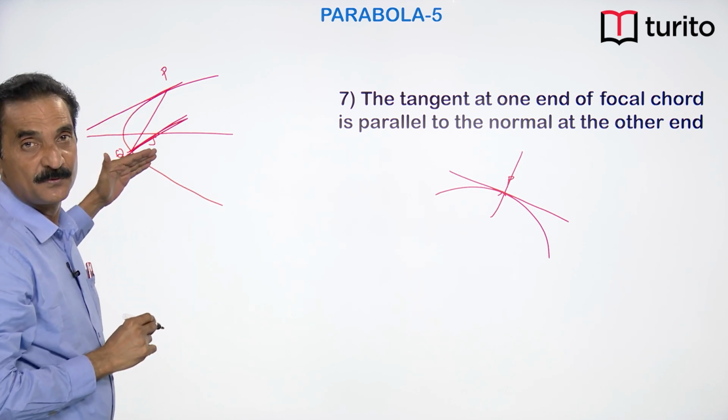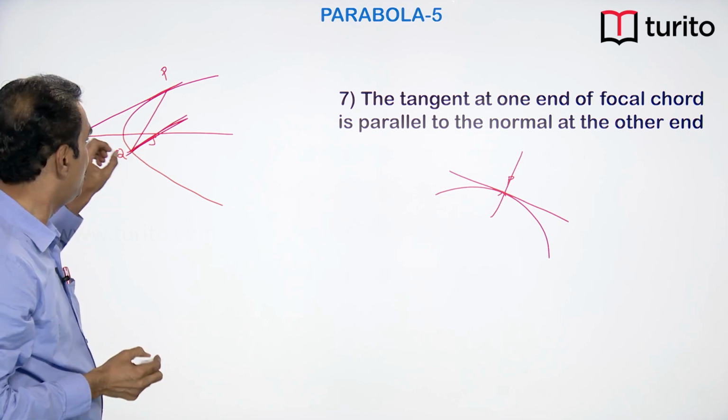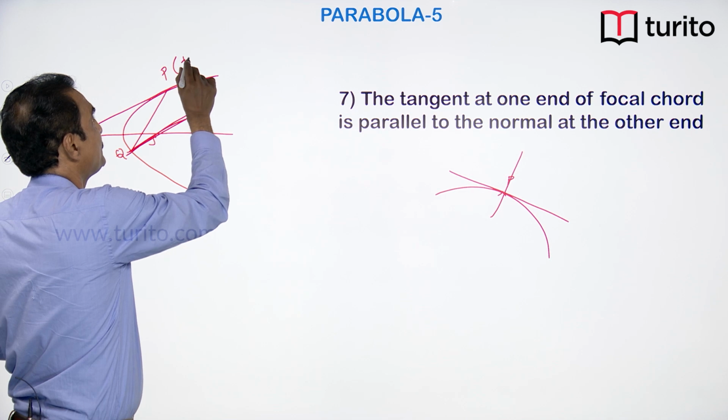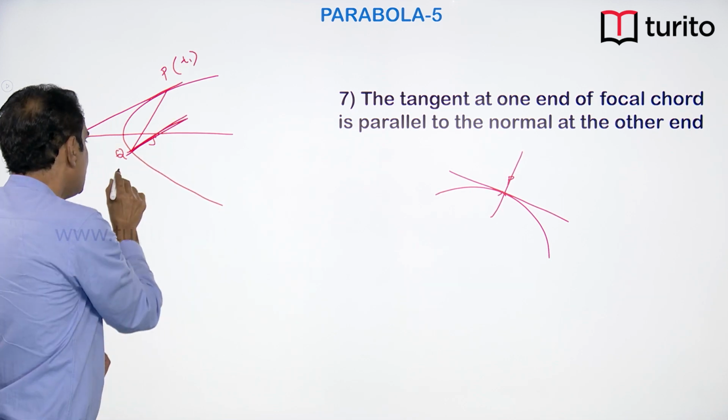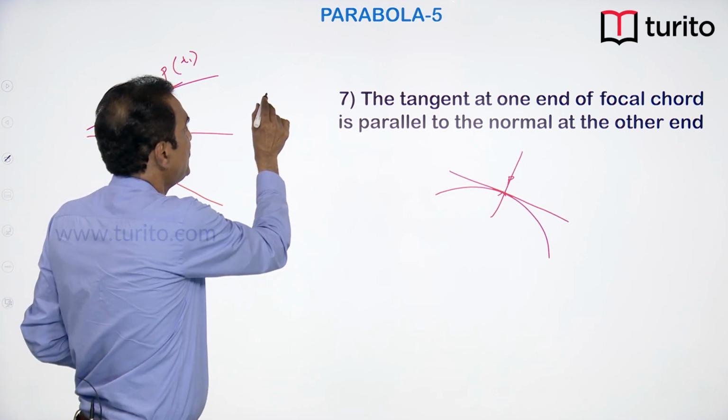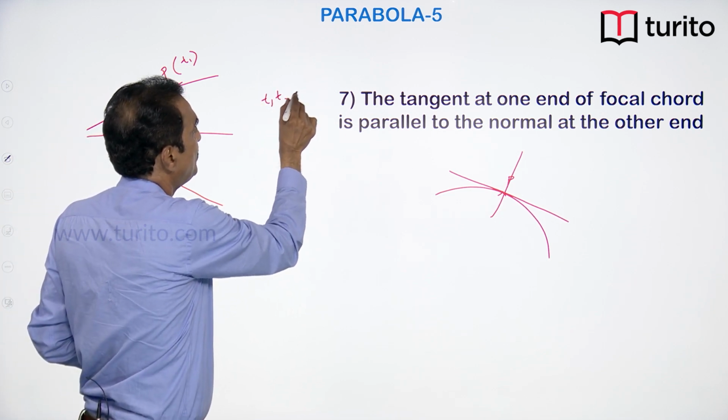Tangent at P will be parallel to the normal at Q. How? You can easily prove it. Suppose this point is P of T1, this point is Q of T2. What is the condition? T1 T2 is equal to minus 1.